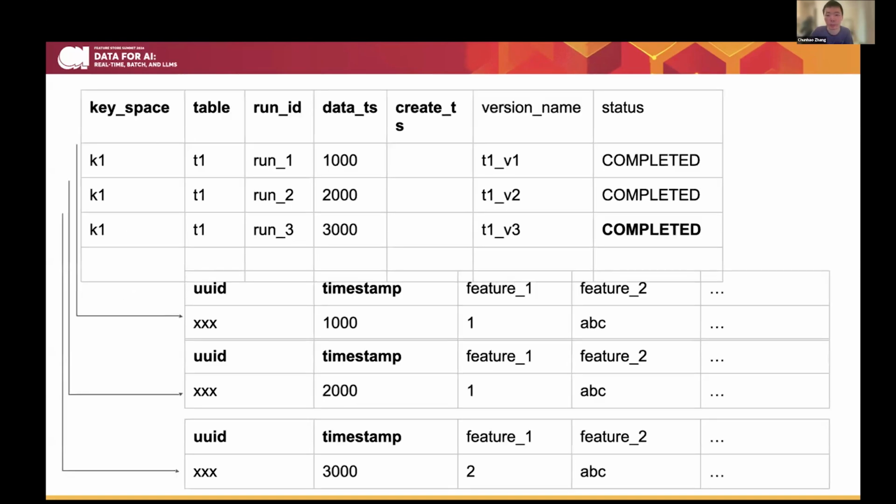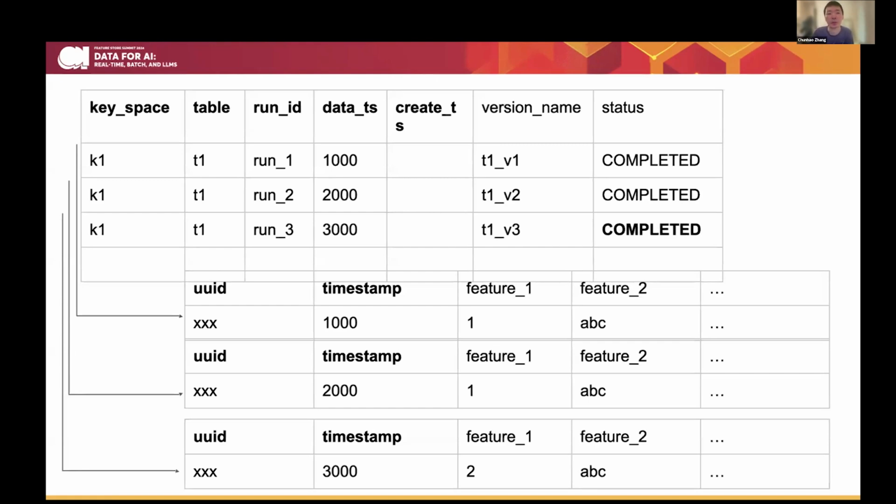Let's go over some situations. For example, here we have 3 versions, version 1, 2, and 3. Version 1 and version 2 are completed, and version 3 is pending. So the Cassandra client will pick version 2 as the one to serve because it comes with the largest data timestamp and it has a status of completed.